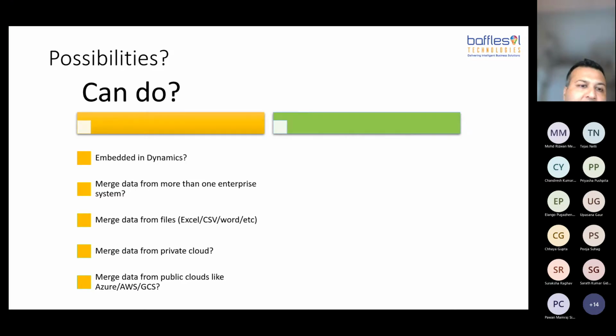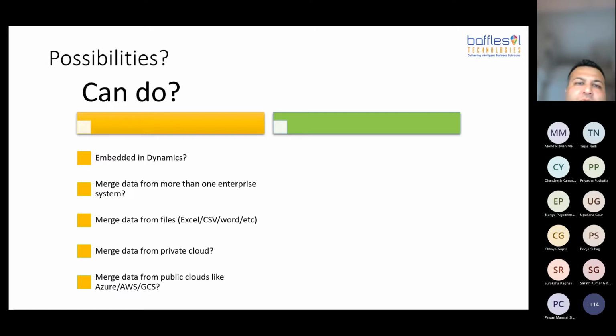Second question is, is it possible to merge the data in a dashboard which is residing in multiple systems, and those systems can be very different from each other, right? Even having a different set of RDBMS systems in place, or maybe they don't even have an RDBMS. And enterprises do generate data in Excel, CSVs, and Word.